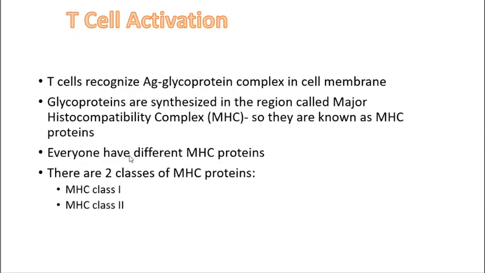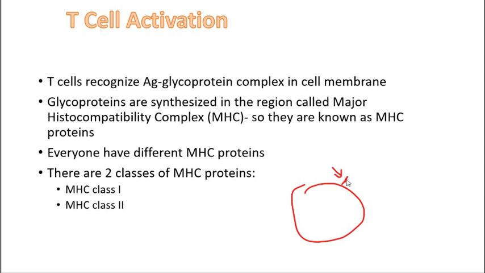T cell activation. So T cells recognize antigen glycoproteins. Those are complex proteins on the surface of the cell. We went over in our previous lecture that any protein located on the surface of the cell, we call an antigen. So an antigen is basically an ID or recognition.